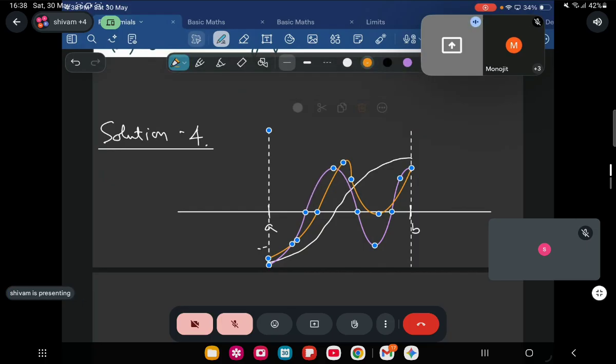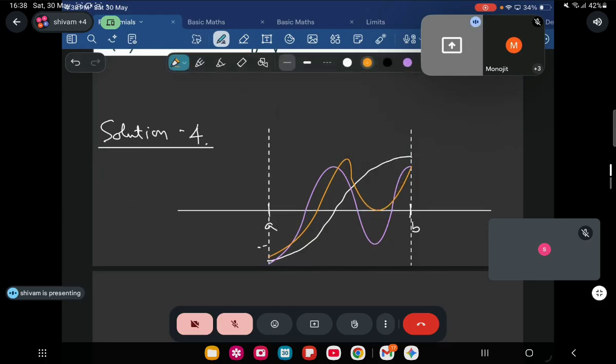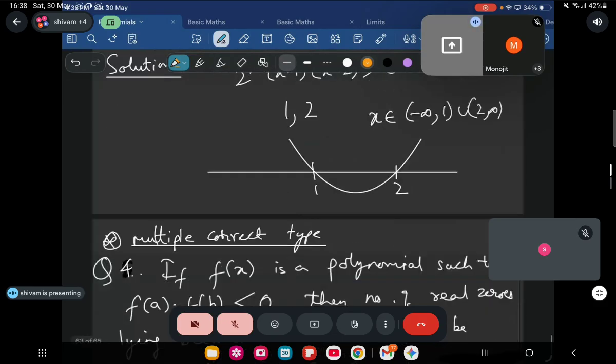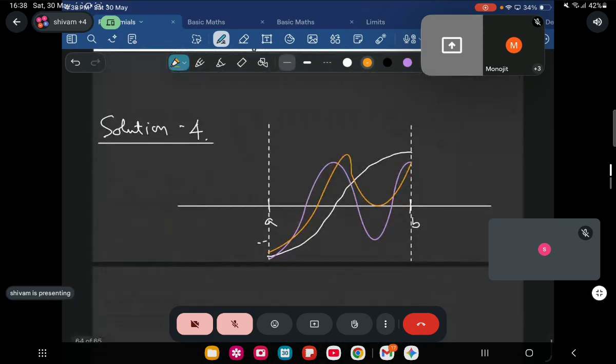Okay. Venkat, have you understood? Okay. So it can have more than two roots also. What I am trying to say is that f of a into f of b is less than 0, that means it has at least one zero between a and b. F of a into f of b is less than 0.